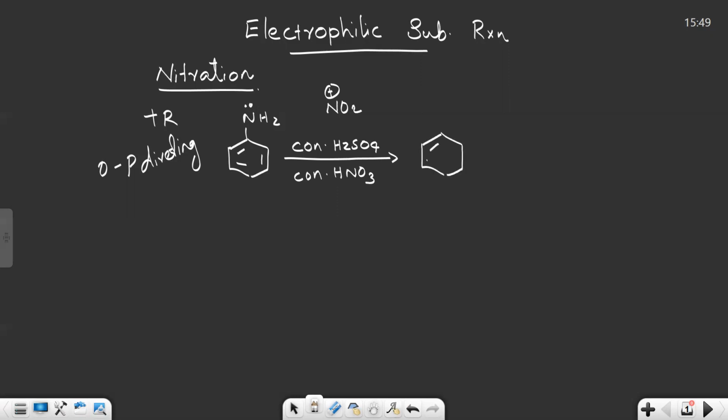One is para nitroaniline and the other is ortho nitroaniline. Whenever we have two products like ortho and para derivatives, para is the major product due to the steric reason. So this is the major product and this one will be the minor product usually.